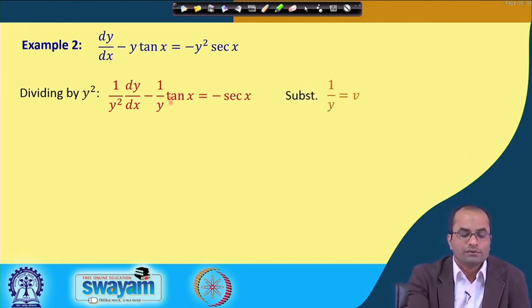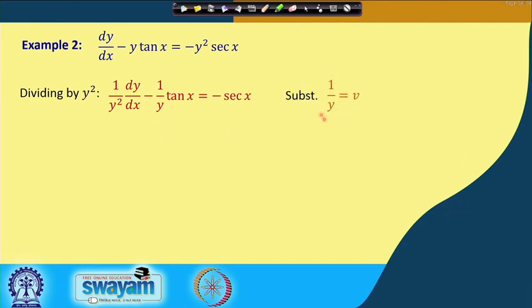So, if we substitute here 1 over y as v, and then we differentiate here, we will get minus 1 over y square dy over dx is equal to dv over dx. That is coming from the 1 over y is equal to v substitution.